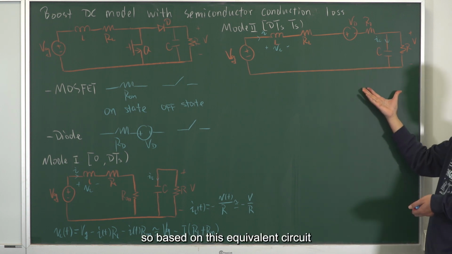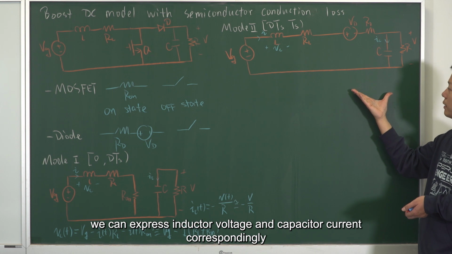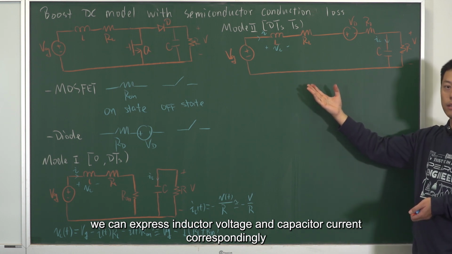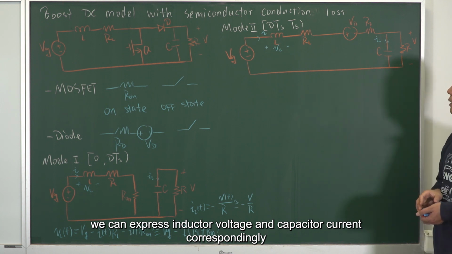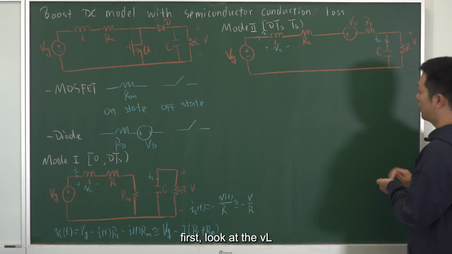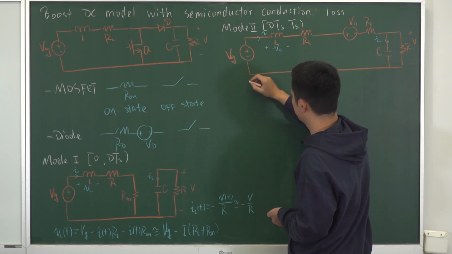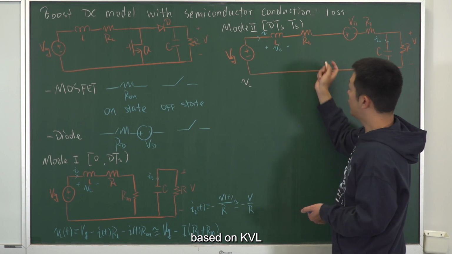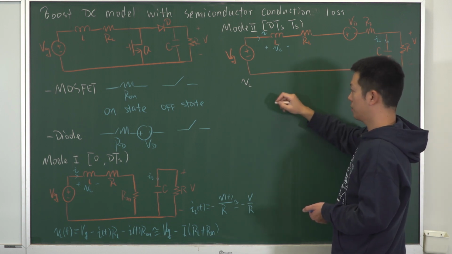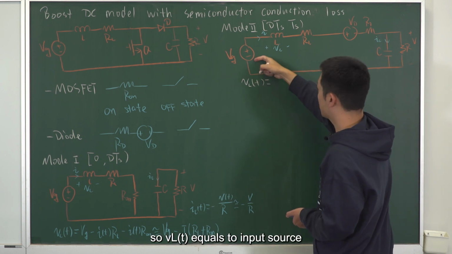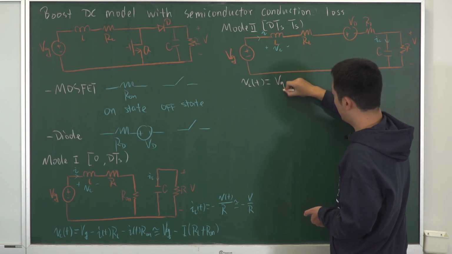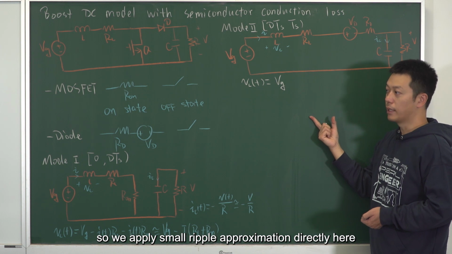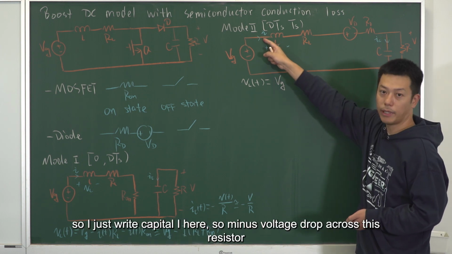Based on this equivalent circuit, we can express the inductor voltage and capacitor current correspondingly. First, look at VL. Based on KVL, vL(t) equals the input source. We apply the small ripple approximation directly here, so I just write capital I here.